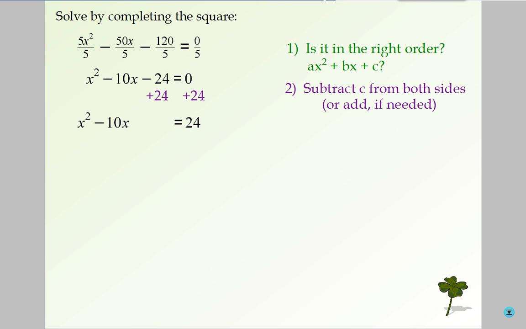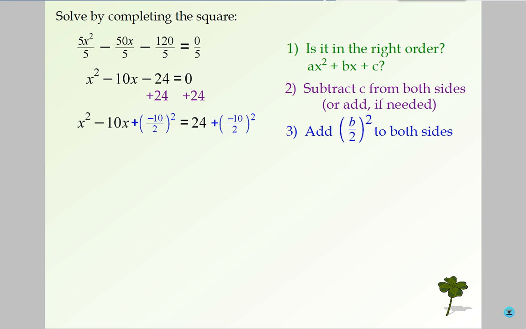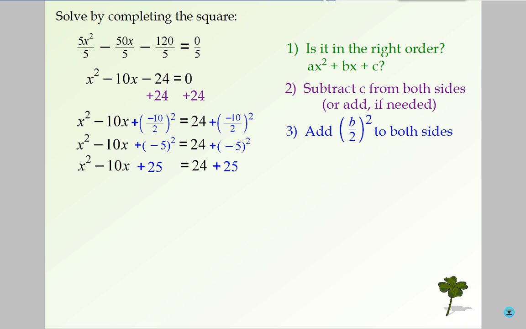What's b in this scenario? b is always the coefficient in front of x, so in this case negative 10. So that's the number I'm going to divide by 2 and then square. Negative 10 divided by 2 is negative 5. And negative 5 squared, negative 5 times negative 5, is positive 25.